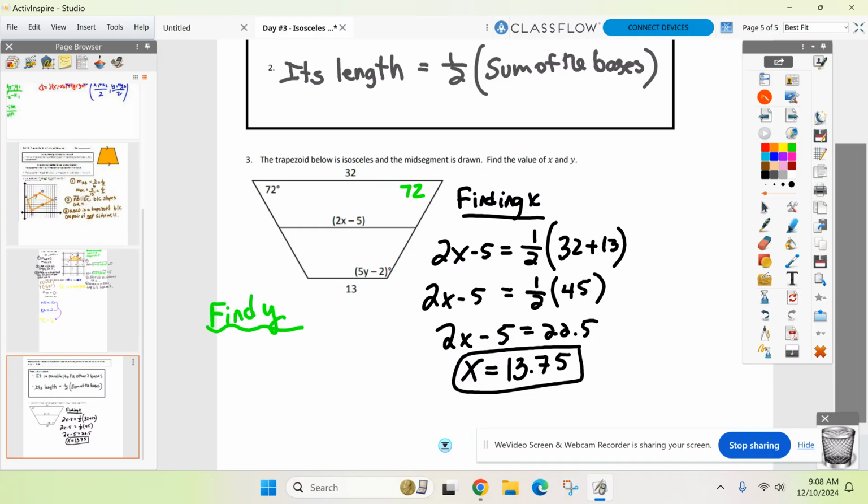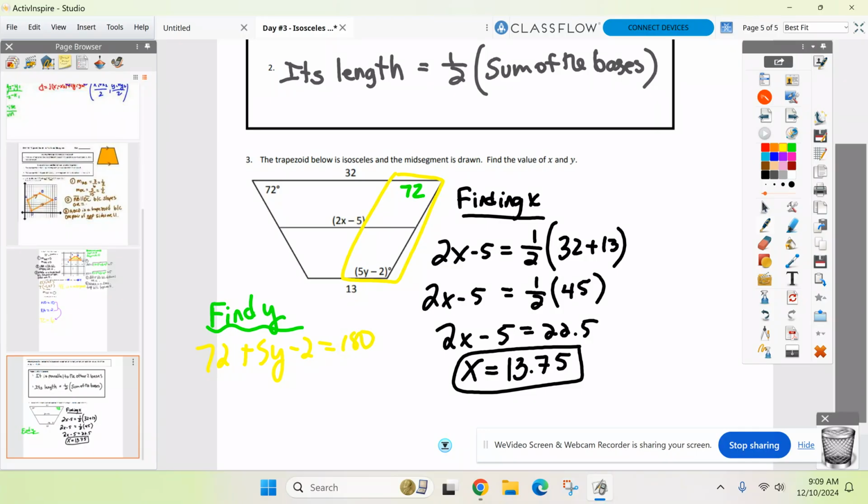Agreed? All right, now the final thing before I set up my equation: what about those two, the 72 I just placed there and the 5y minus 2? Supplementary. Why, Jonathan? What did we call those again? Alternate interior? Same side. There you go, same side interior. It's all right. You're good. Same side interior angles, and they are supplementary. So 72 and 5y minus 2 have to add to 180.